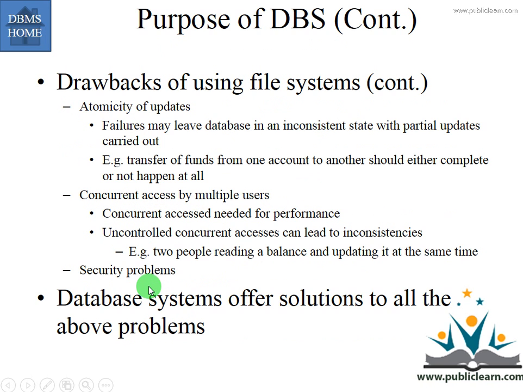Now the drawbacks here: atomicity of updates and concurrent access by multiple users. It is very difficult. Concurrent access is needed for performance. Uncontrolled concurrent access can lead to inconsistency. Security problems.